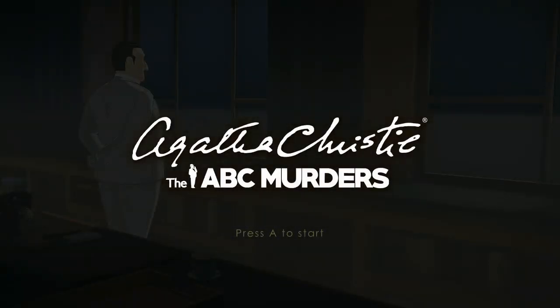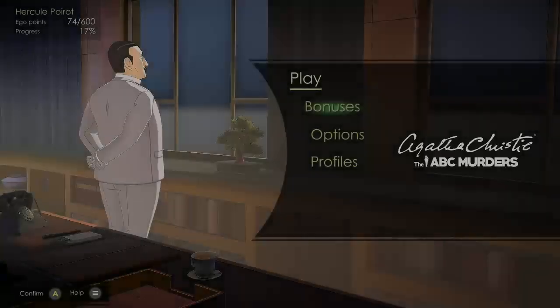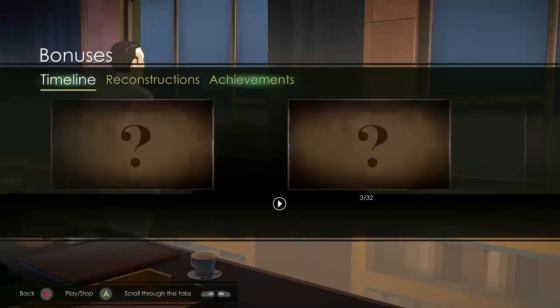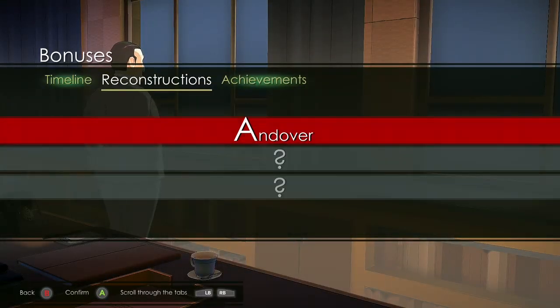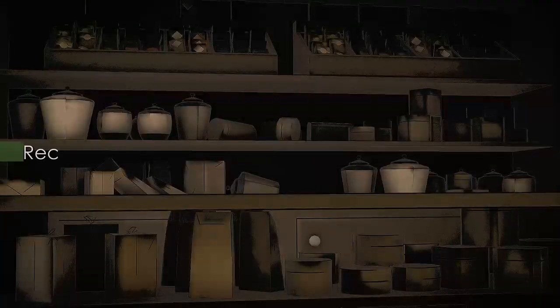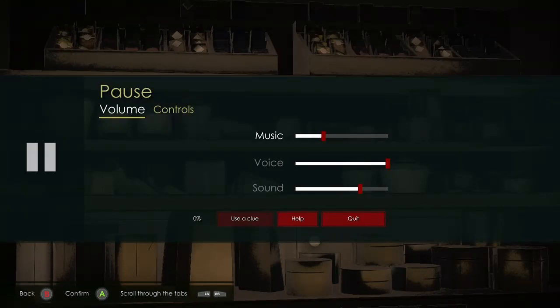Agatha Christie, the ABC Murders. Okay, so what bonuses do we have? Okay, so apparently we're looking at the achievements right now. Right, okay, I got it. Let's just go back.